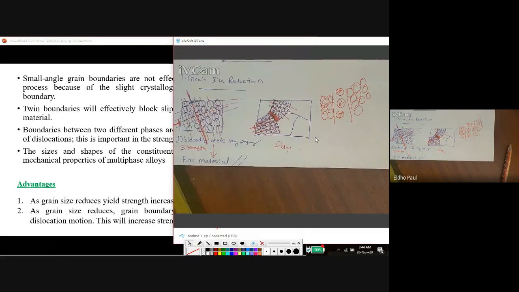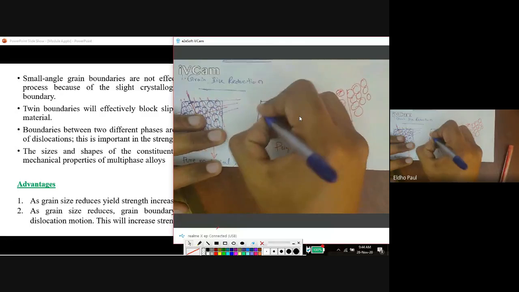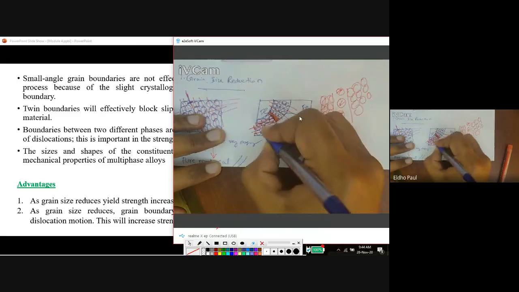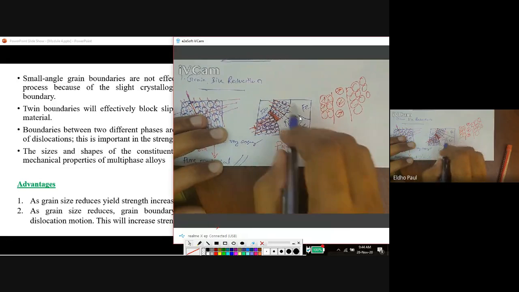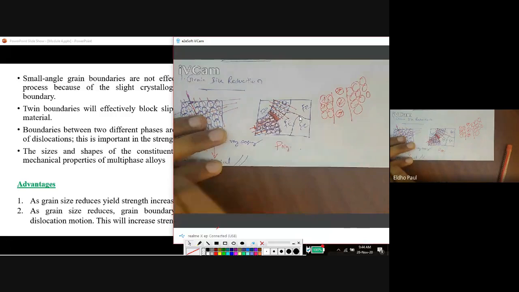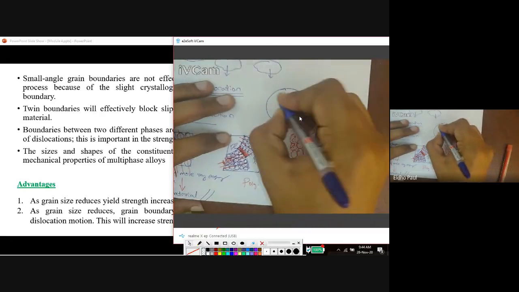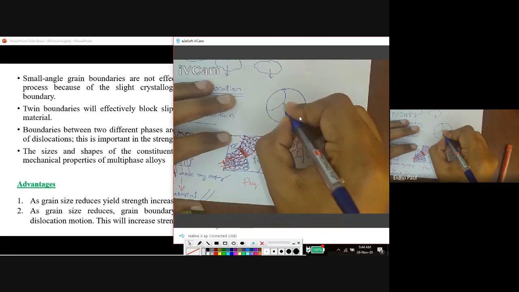So far we discussed only a single grain. For example, here the grains will be iron grains. Each grain will be iron. In between iron grains, for a polycrystalline iron material, a grain boundary is present. That grain boundary restricts the motion of dislocation. Similarly, we have another case, the solid solution, within each grain, which we already discussed.